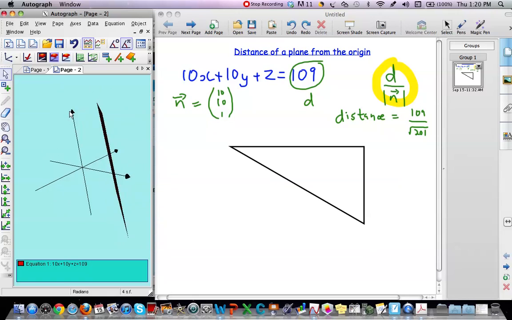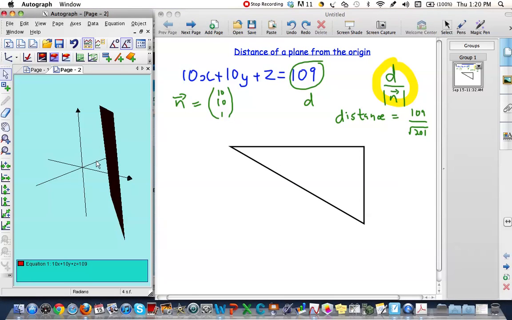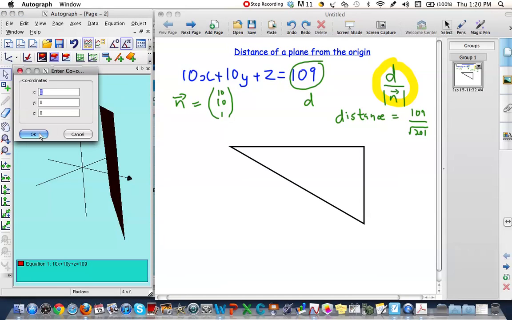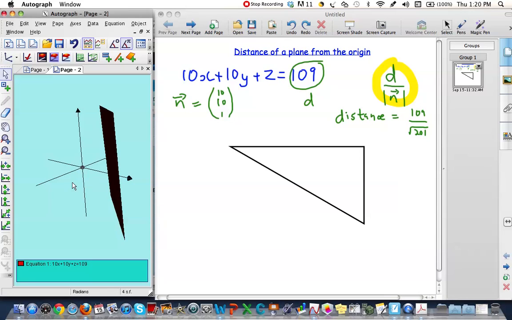And what we're going to do at this point is attempt to show where the right triangle appears in this. What we're attempting to do is to show the distance of our plane from the origin. And so the first thing I'll do is just add a point, and the point that I'm going to add is the point 0, 0, 0, which is the origin.